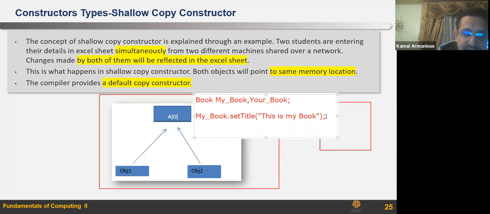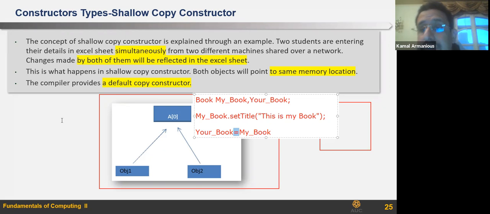And then I simply say yourBook equals myBook. So myBook and yourBook are objects. Your book is my book, then the title will be "This is my book." So this equal sign is called a shallow copy constructor.